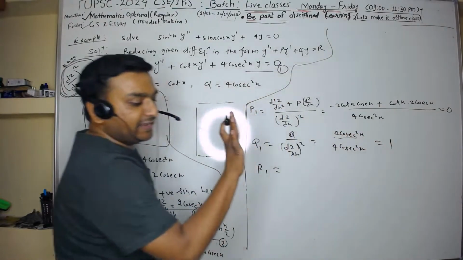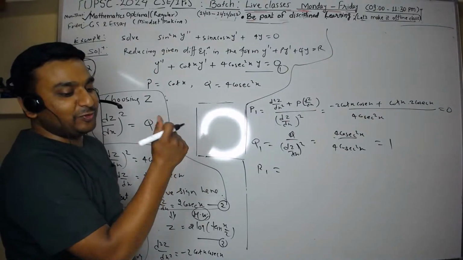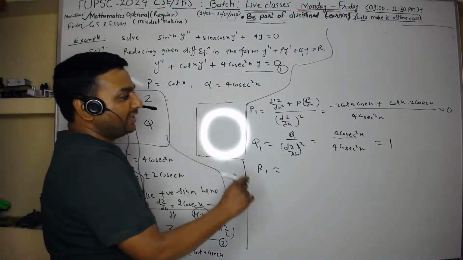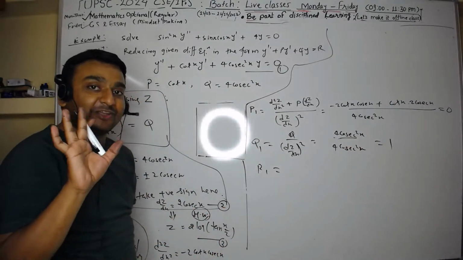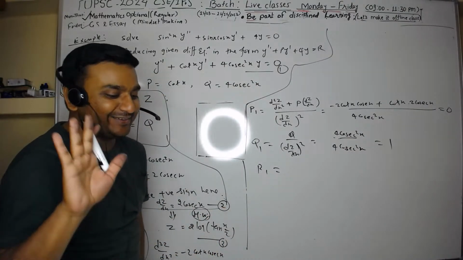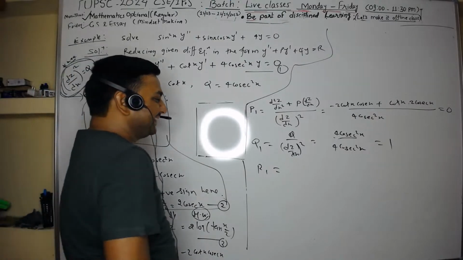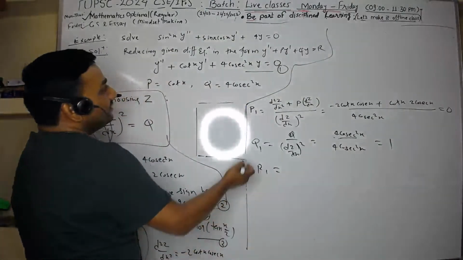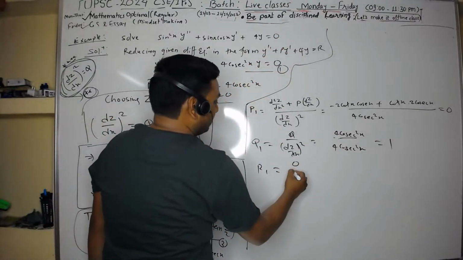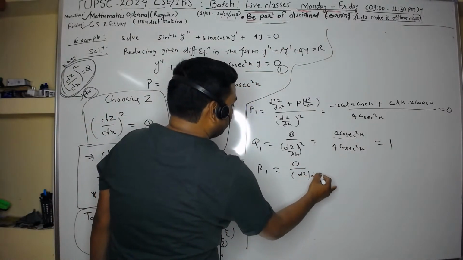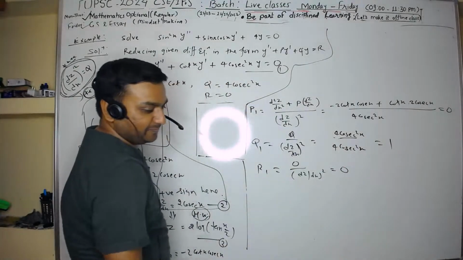तनाव बिल्कुल नहीं लेना है. This method will give you some very simpler forms. If you are not getting such simple forms, it means you have done something wrong. Okay, ये भी बात है. r1, r is what? 0, right? RHS. So 0 upon (dz over dx) whole square is 0.